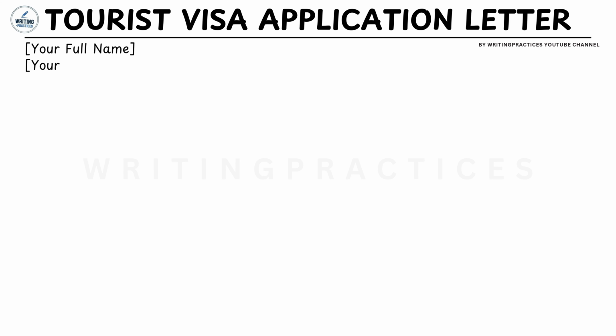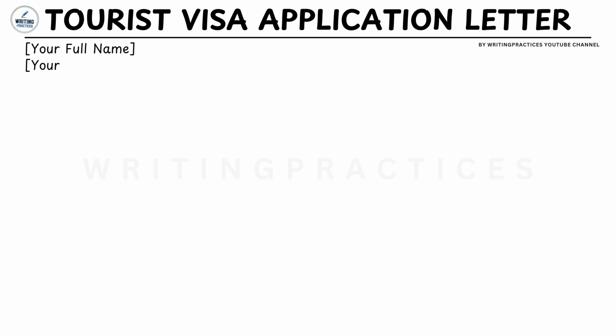For example, the letter should begin like this: John Doe, 123 Maple Street, Los Angeles, California, 90001, USA. johndoe@email.com, +1 555 123 4567. This section ensures clarity and professionalism.